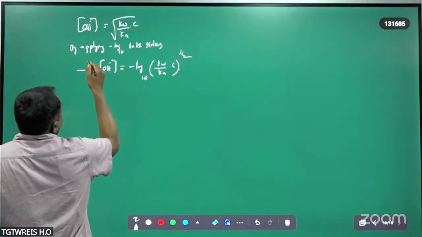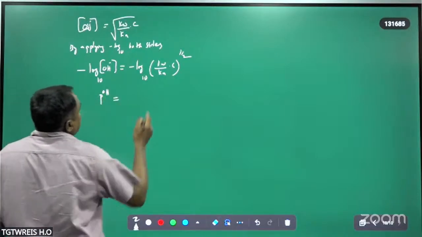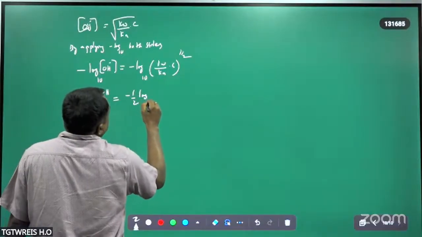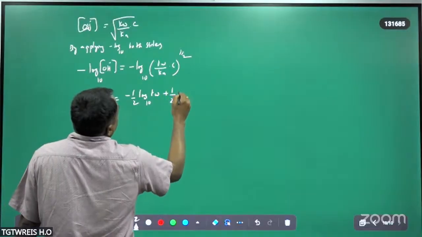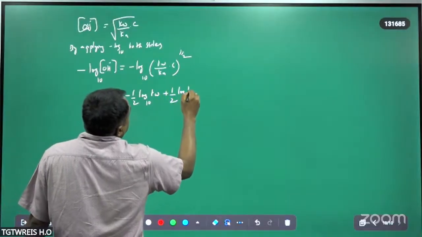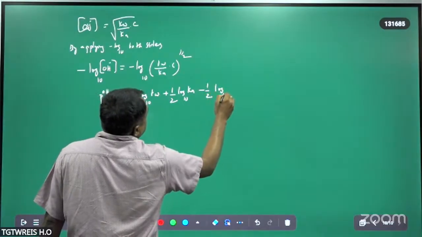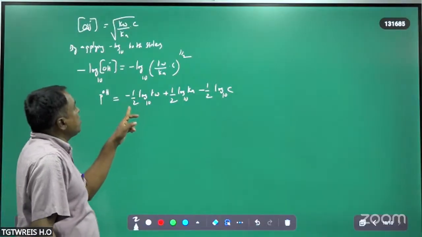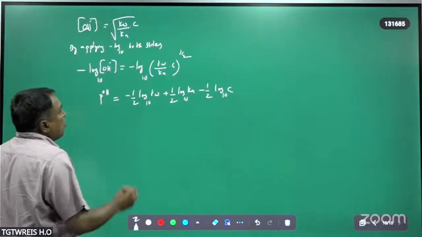So this is pOH, and it equals minus 1 by 2 log base 10 Kw plus 1 by 2 log base 10 Ka minus 1 by 2 log base 10 C. By expanding this, it will be minus of log Kw plus 1 by 2 log Ka minus 1 by 2 log C.